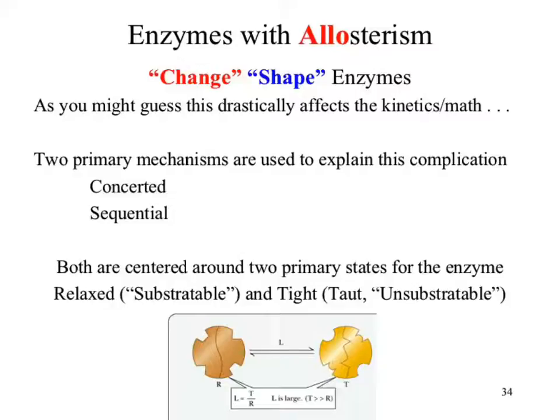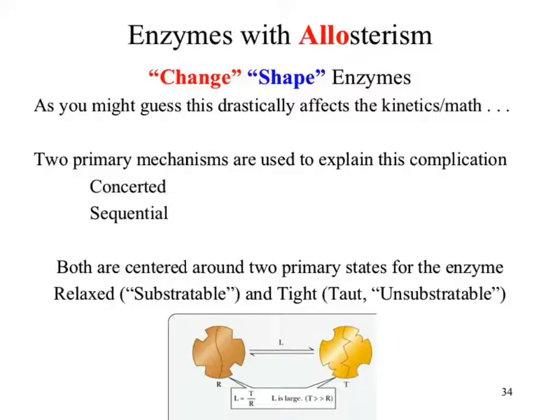One of those halves will not bind substrate. So we could call that the not substrate binding one. That's an awful lot of words. So we could try and simplify that to unsubstratable, because we like inventing words. And because unsubstratable is a really long word, we could simplify that down into a single letter.